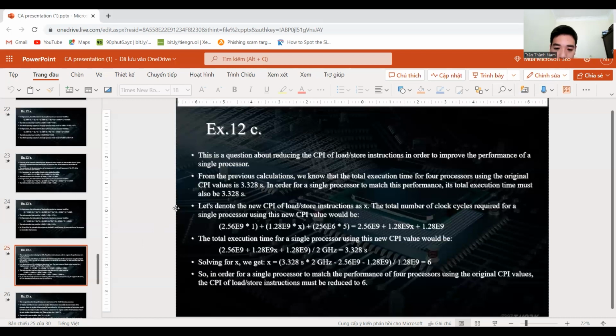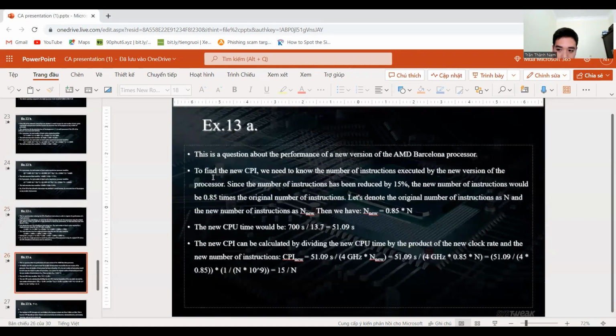Let's denote the new CPI of the load/store instruction as X. So we have the new CPI value equation. If we set up the total execution time equation for the single processor and solve it for X, we get X equals 6. So in order for a single processor to match the performance of four processors using the original CPI values, the CPI of the load/store instruction must be reduced to 6.